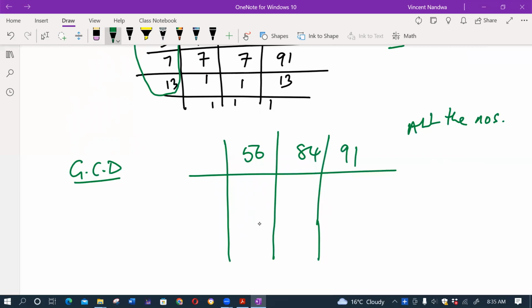So the smallest prime that can divide all these three numbers is 7: 56 gives 8, 84 gives 12, then 13. Then 8, 12, and 13 have no common prime number that divides all of them. So therefore, GCD is just 7.